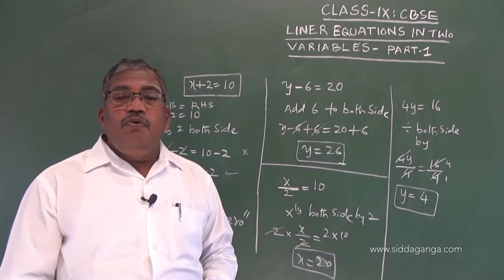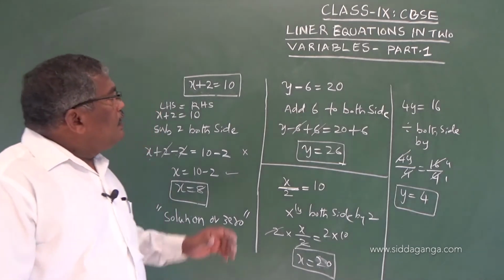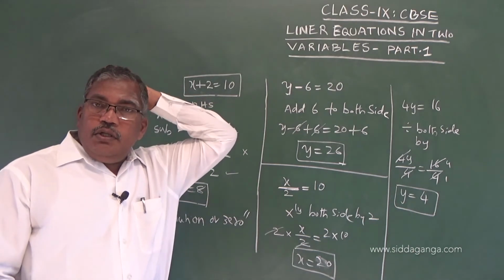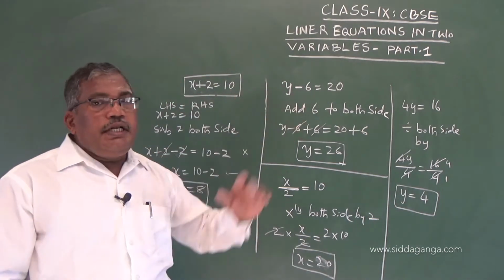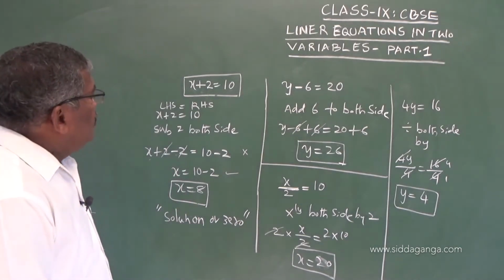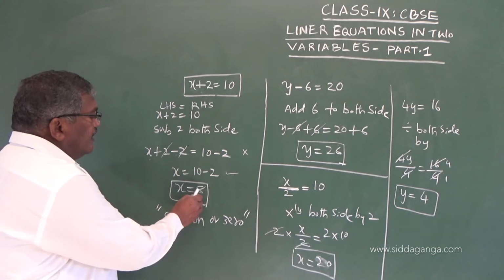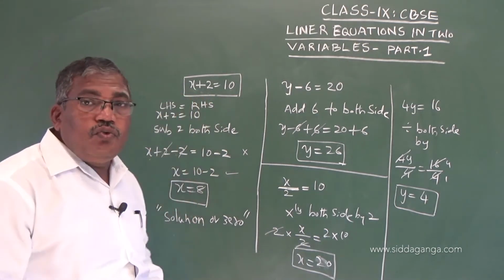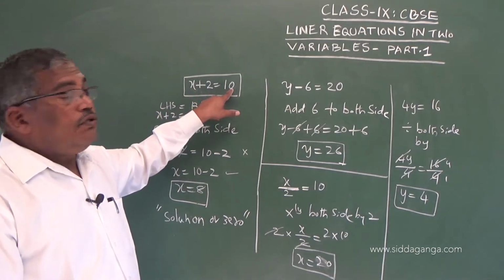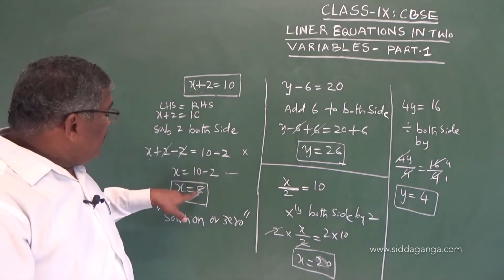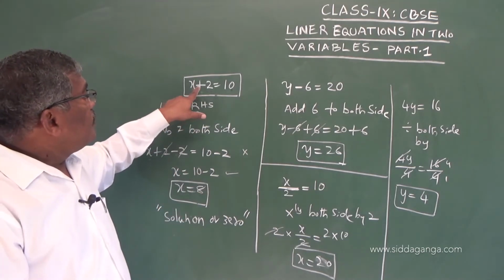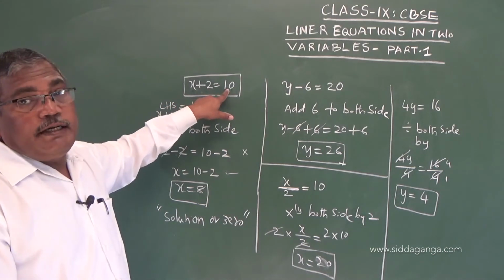More particularly, an equation with one variable, it may be x, it may be y or any variable, will have only one solution, because other than 8 in this equation, no other value will satisfy this equation. If I put x equal to 10, 10 plus 2 equals 12, 12 cannot be equal to 10.